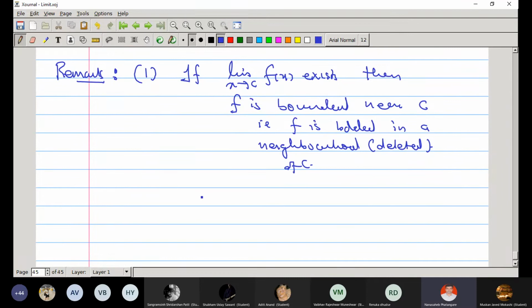What is a contrapositive? It means what it implies. So what is the contrapositive statement? Our statement P is: limit x tends to c of f(x) exists.